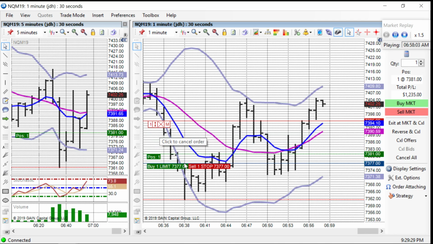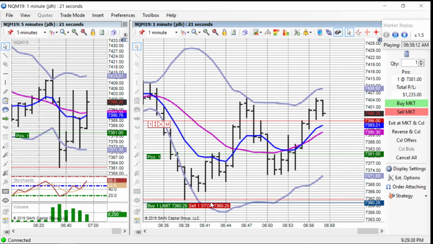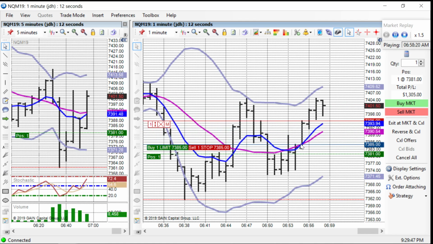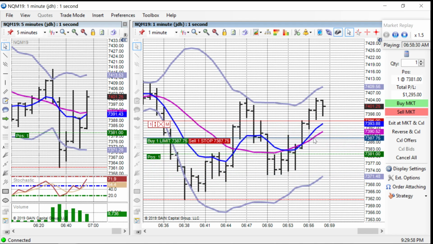I'll just keep doing that till I'm stopped out. See how we're at resistance here? I'm actually still in a trading range, but I'm treating it like a trending trade because we've got sloping upward Bollinger Bands, and a sloping ADMA line opening from the 14 SMA line.